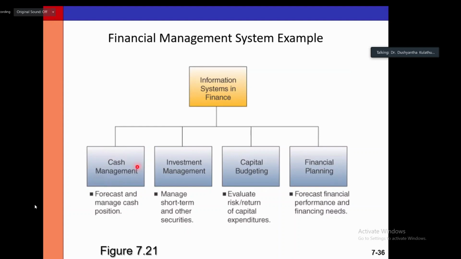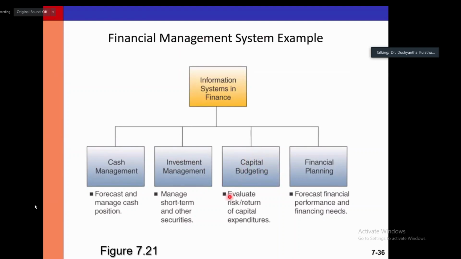Then investment management is related to managing short-term and other securities. The organization may be investing in shares, bonds, or some other securities, and managing those investments is supported by the investment management module of a financial management system.